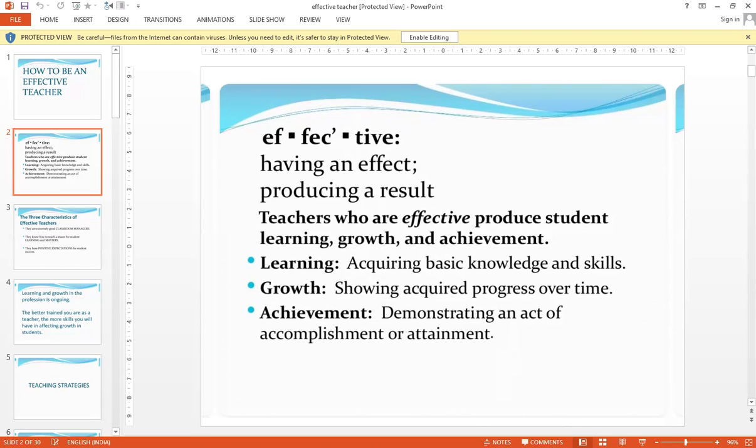They also set clear and fair expectations, and they have a positive attitude towards the students. They have patience with students, and they assess the teaching on a regular basis. Those are some qualities of effective teachers.